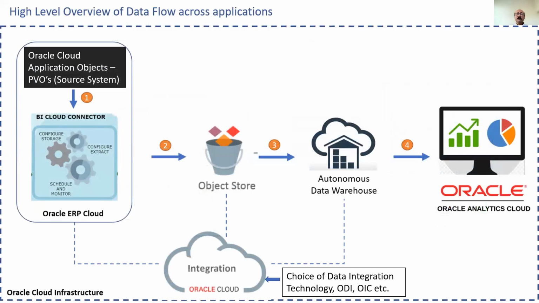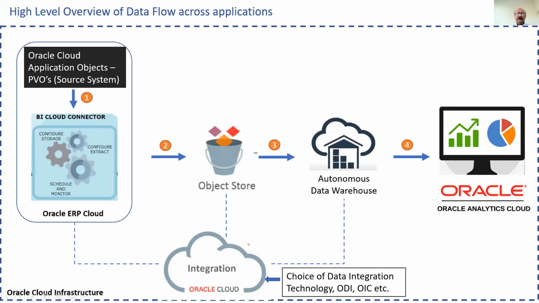So let's quickly look at the architecture of a custom solution. Unlike FAW, if you have to build a custom solution, you can extract information out of cloud applications using BI Cloud Connector into, let's say, an object store. Then you can load it into a data warehouse, and then obviously use your BI technology on top of that.